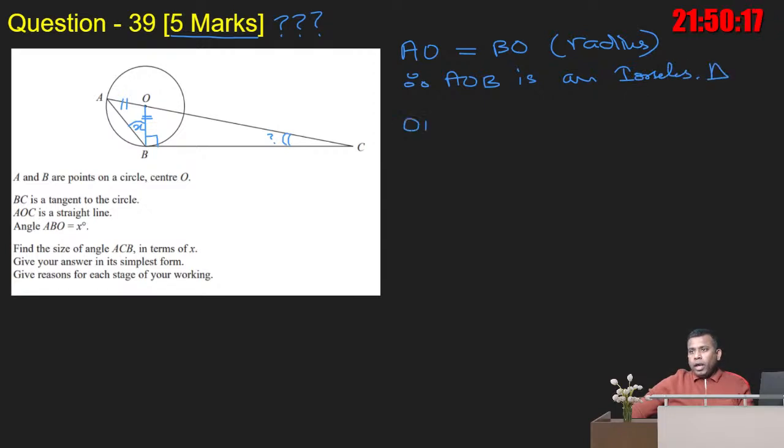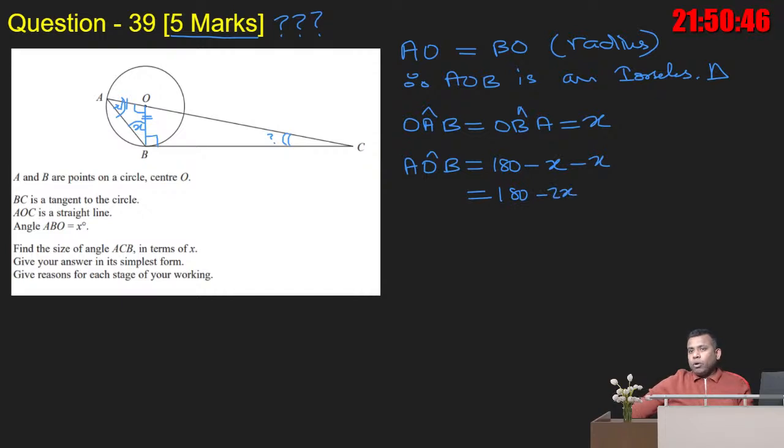Then OAB equal OBA, which is X, right? So this is X. And now we can find out AOB. So AOB equal 180 minus X minus X, which is 180 minus 2X, right?